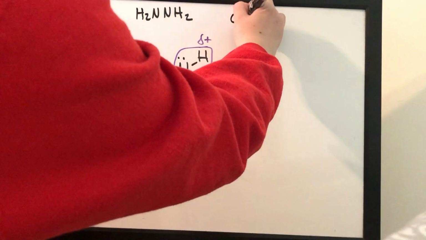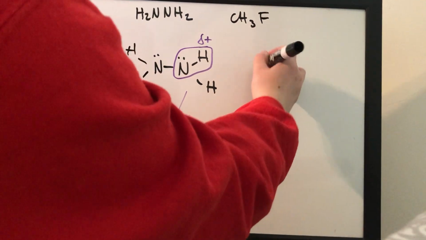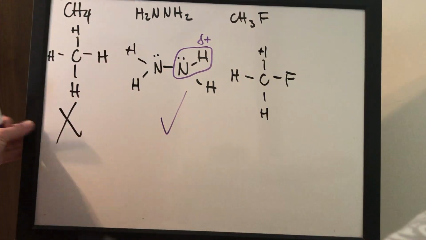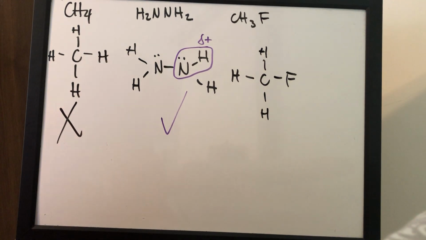CH3F. Okay, so there we go. This is a polar molecule, right here. It does not meet the characteristics to hydrogen bond. You might be inclined to say yes because you have an H and you have an F, but the H has to be connected to the F. That's why I was very careful to amend my definition.